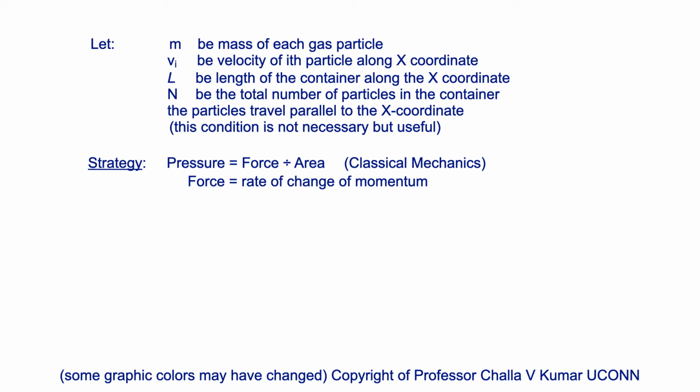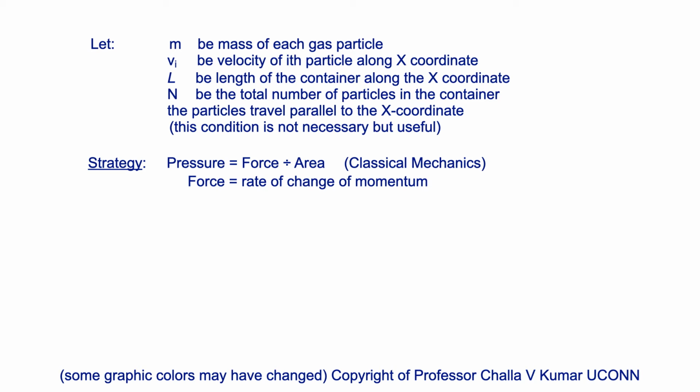We're going to calculate the force by, again, applying classical mechanics. Force equals the rate of change of momentum. So if we can calculate the rate of change of momentum, we can calculate the force. We know the area cross-section of the container, so we can calculate the pressure.